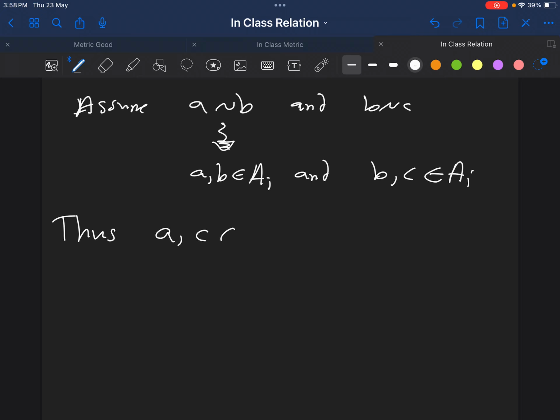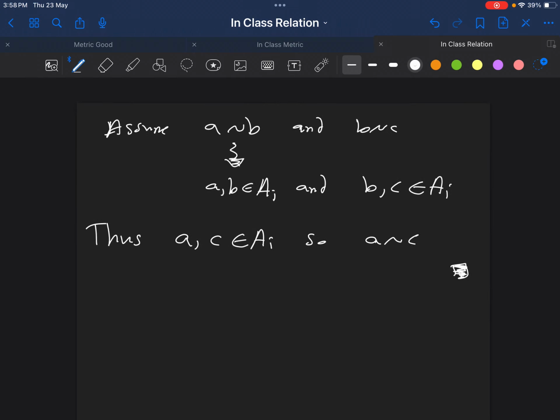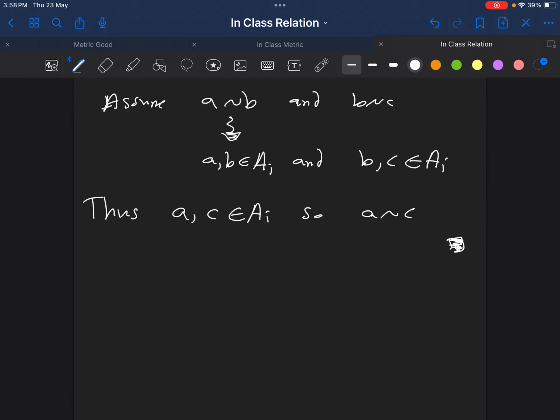Thus, everything is in A_i. So, A tilde C. Of course, here we are again using the idea of the partition that any element is only in one of those A_i's. And that's what makes this relation well defined. I can say they are in the same set because an element can only be in one set. Thank you for watching.